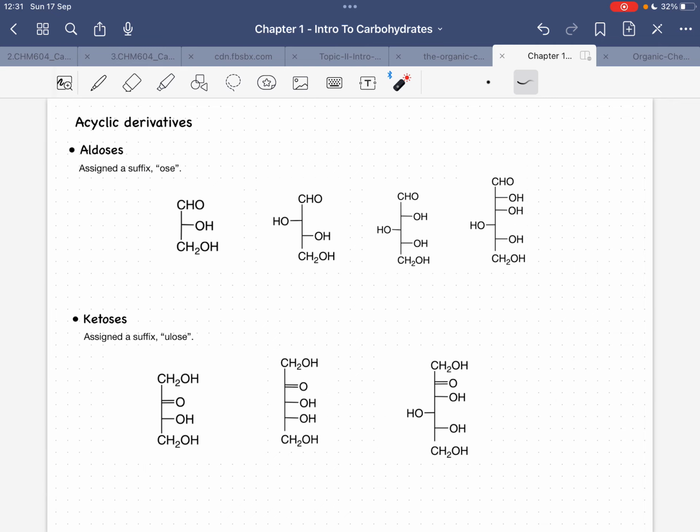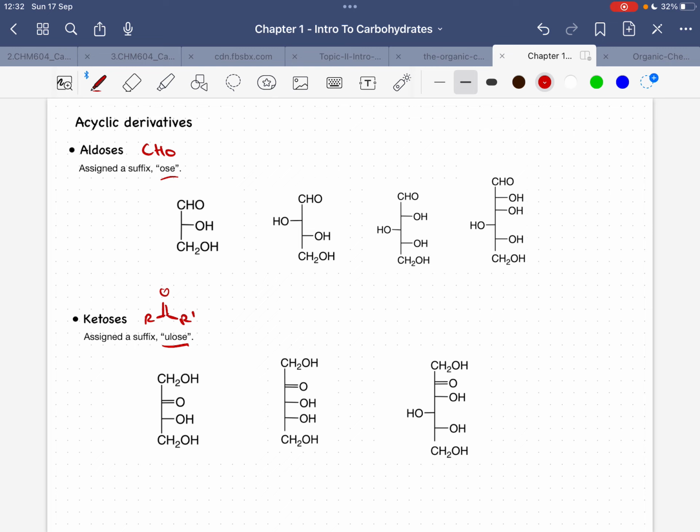So acyclic derivatives of carbohydrates have two types, aldoses and ketoses. From the word itself, we can say that aldoses contain an aldehyde functionality and ketoses contain a carbonyl or ketone functionality. The suffix of aldose is -ose, whereas for ketose it is -ulose. This is the systematic way of naming aldoses and ketoses.